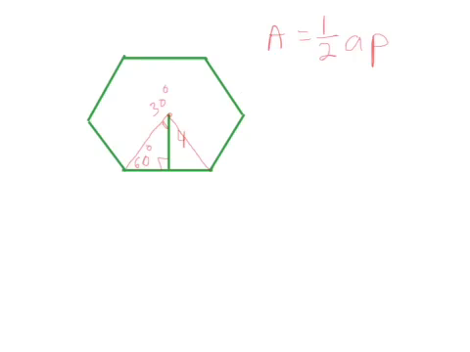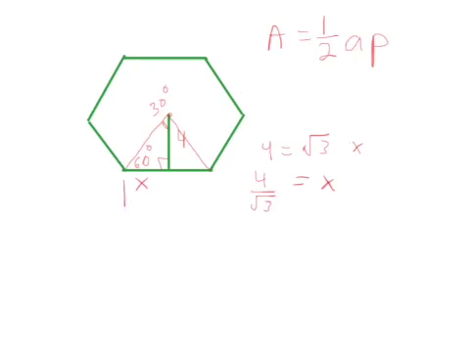So I got a 30-60-90 triangle, and the segment across from the 30 degree angle will be our x, and the segment across from the 60 degree angle we know to be 4, but that's also going to be square root of 3 times x. So 4 is going to equal square root of 3 times x, so x is going to equal 4 over square root of 3.